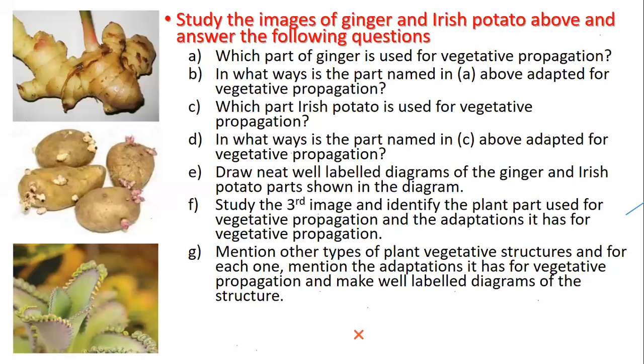So because they are along the axis of the stem, we call them axillary. Not auxiliary, but axillary, without the U. And because the other one is on the extreme end of the stem, we call it the terminal bud.